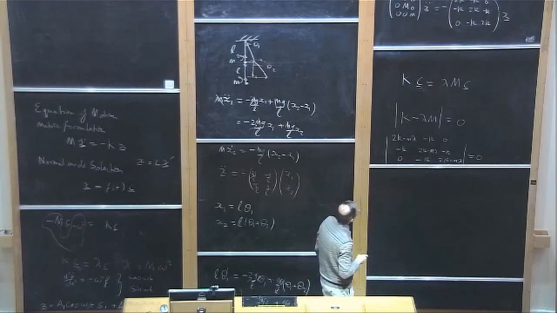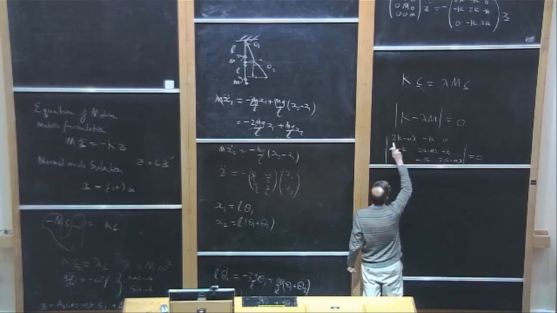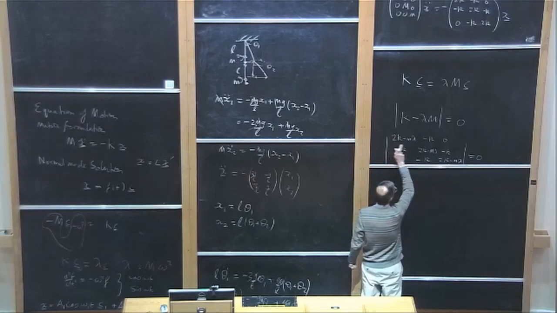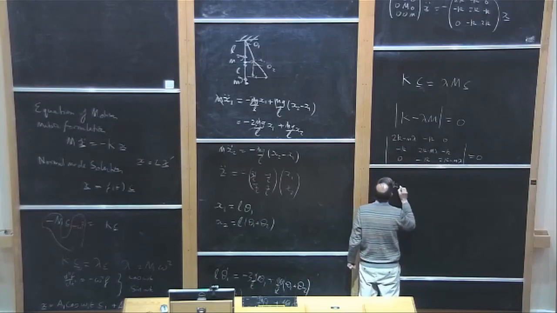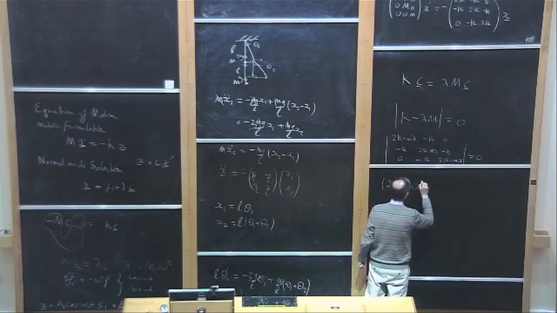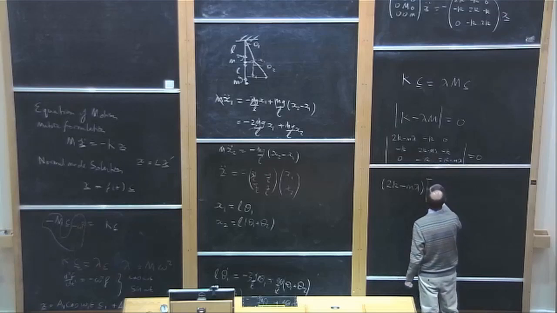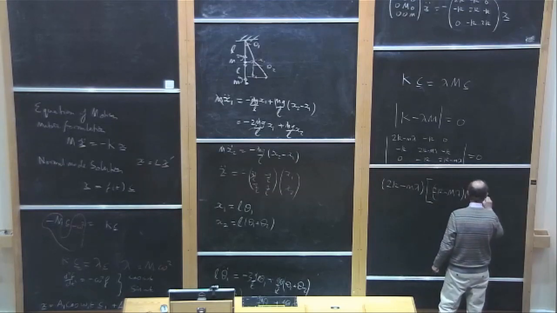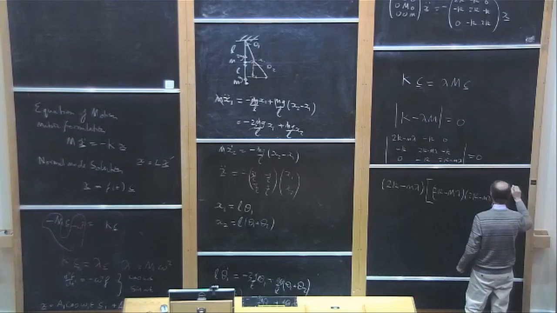And this particular structure that we have will mean that this is a factor in that polynomial. Let me show you. I'll expand that determinant by the top row, which gives me 2k minus m lambda times this 2 by 2 determinant here, which is 2k minus capital M lambda times 2k minus little m lambda, minus k squared.